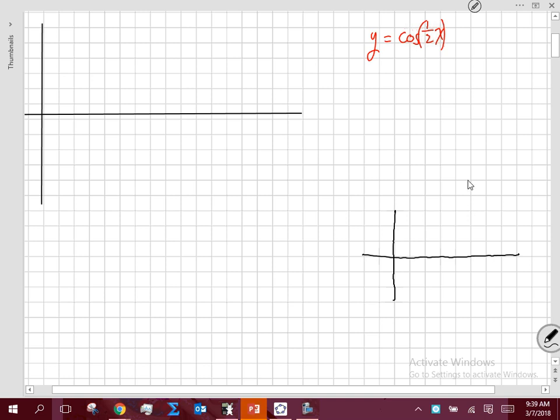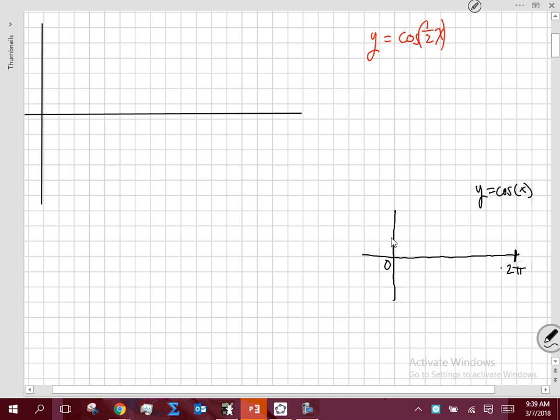Okay. So we've got our parent function down here. We go y equals cosine of x. We know that the unit circle goes from 0 to 2 pi. So that's our beginning and our ending for the period for the cosine. But this one's a little bit different. The cosine, remember, is plotting the x values off the unit circle.